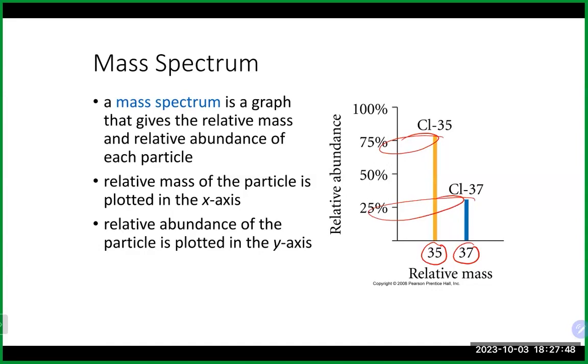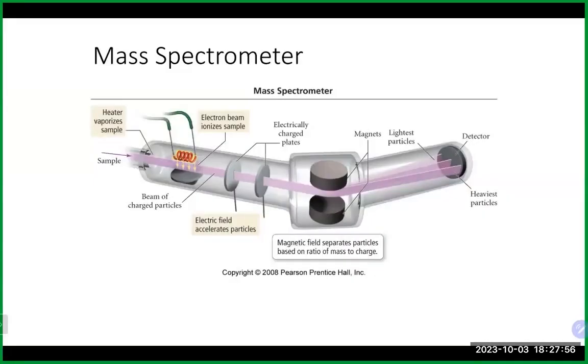So that is how you can figure out those percentages of those isotopes, and also the relative masses as they move down the graph. They'll be a little bit slower and move off to the left, the lighter ones. So as the sample goes through, you heat it up and ionize it, it goes through first an electrical field, and as we talked about when we were talking about the atom, obviously we can use the electrical field and a magnetic field to separate out things that have charges.